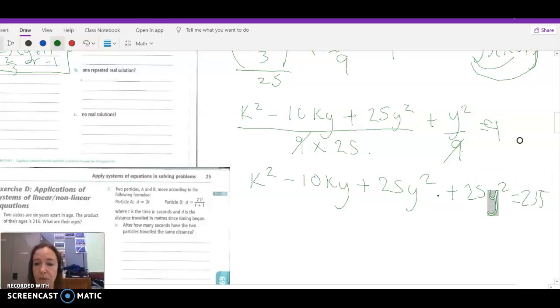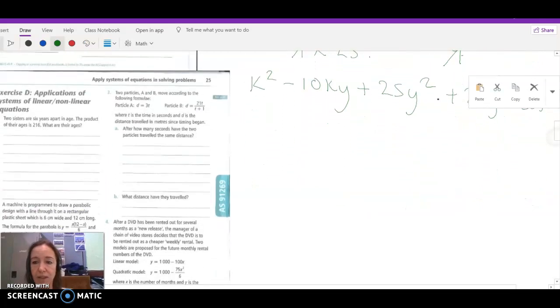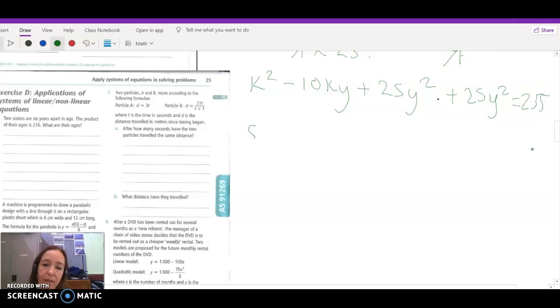So there you go. Now, I am just going to scroll that down. Hopefully that all makes sense. And now I am going to get everything onto my left hand side and add all my like terms. So 50y squared is that term and that term.